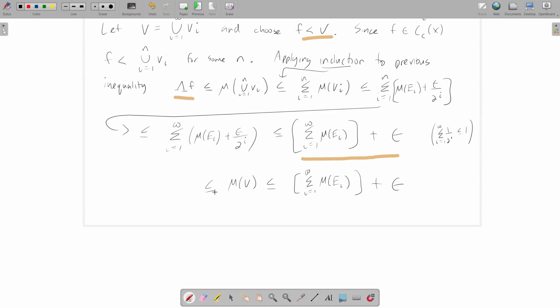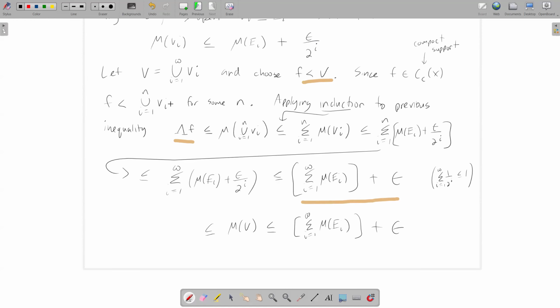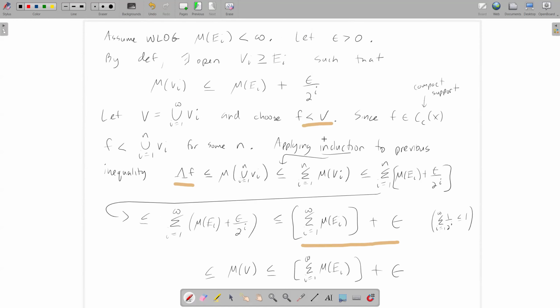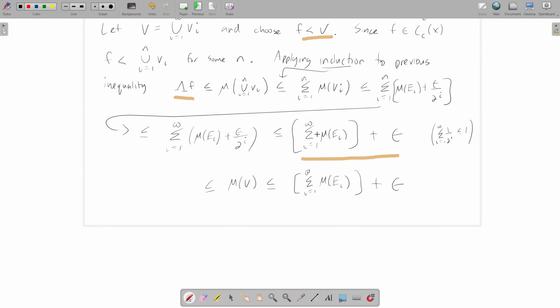But of course, that union here, remember the V_i's contain the E_i's. So that measure is less than or equal to the measure of the union of all the E_i's.